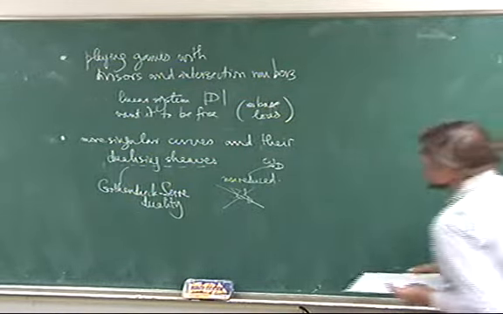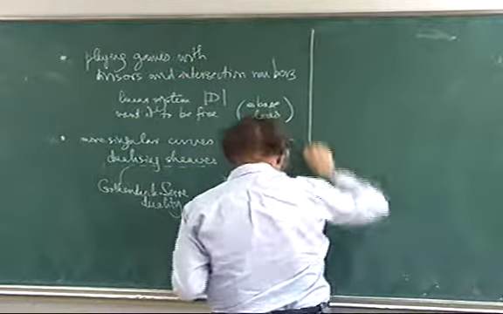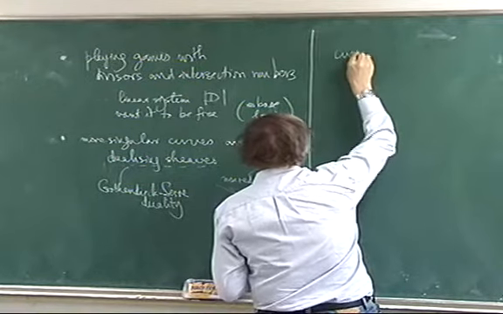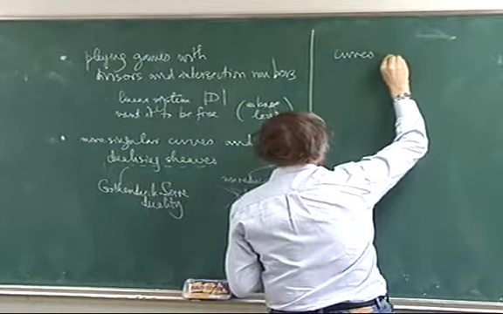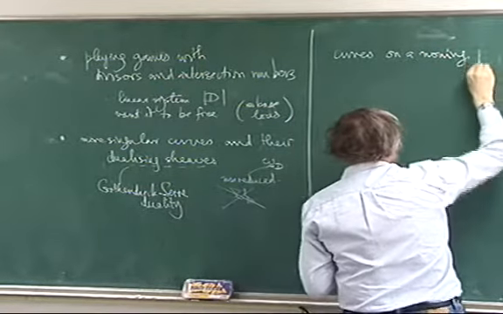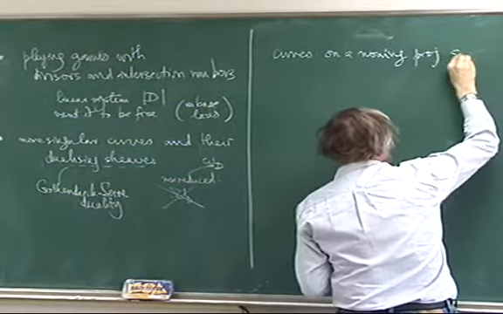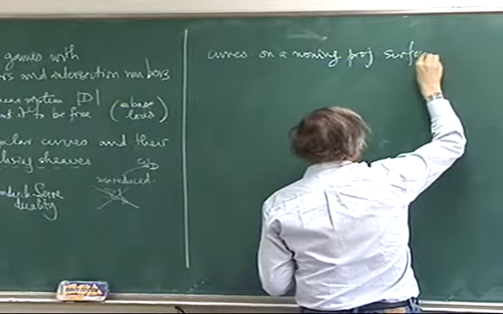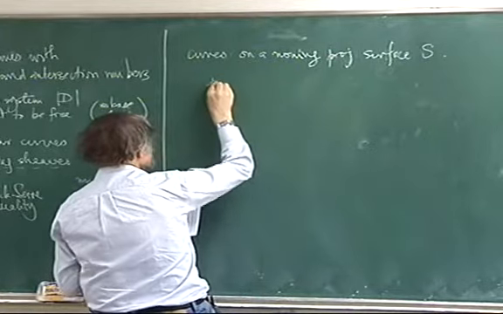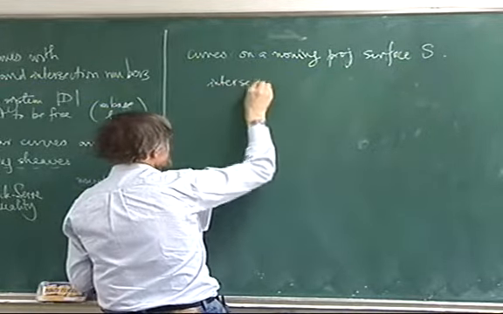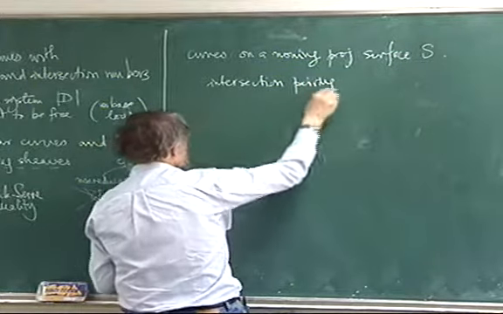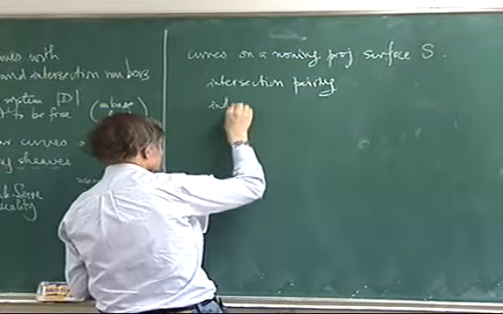Okay, so let me just remind you of where I've got to. I have curves on a non-singular projective surface S, and so we have the intersection pairing. And we have this index theorem that I've described.